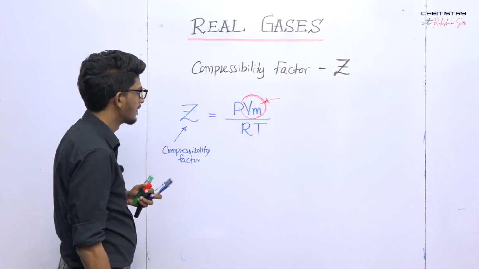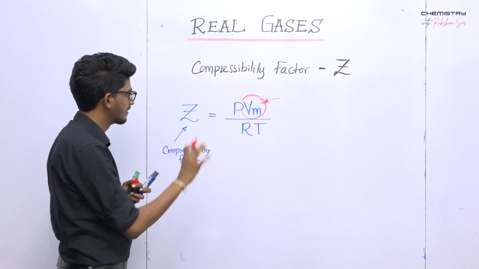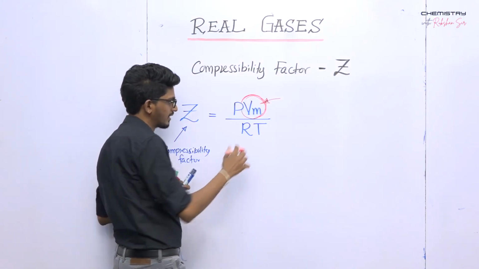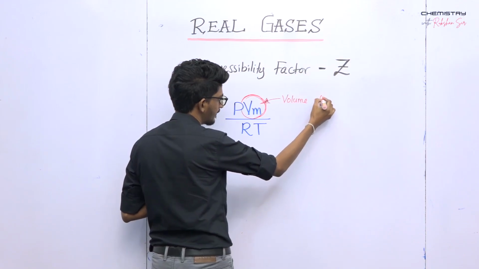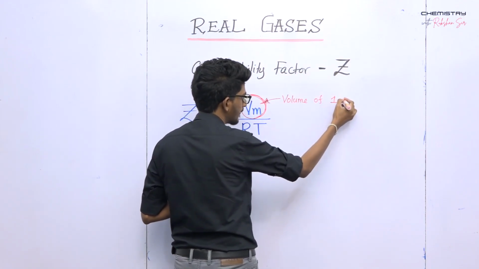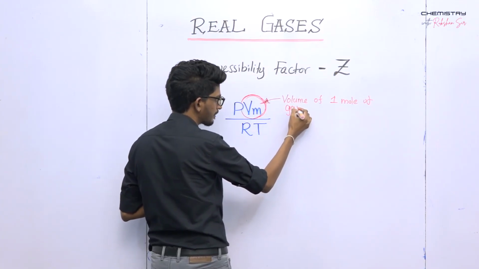The volume occupied by 1 mole of gas molecules. The space occupied by 1 mole of gas molecules.